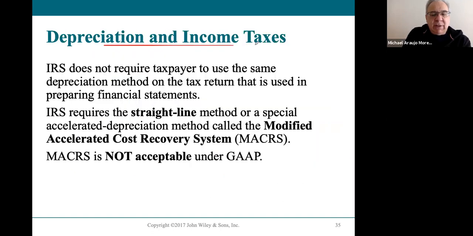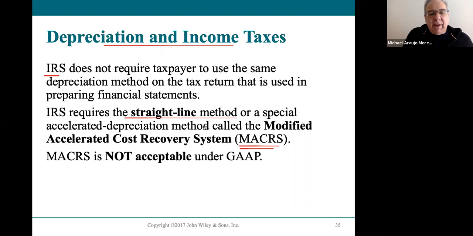And like I mentioned, depreciation on our financial statements that you and I are reading is not the same method that the IRS requires. Okay, so the IRS requires the straight line method, or it has its own system called MACRS, Modified Accelerated Cost Recovery System, which is a depreciation method.